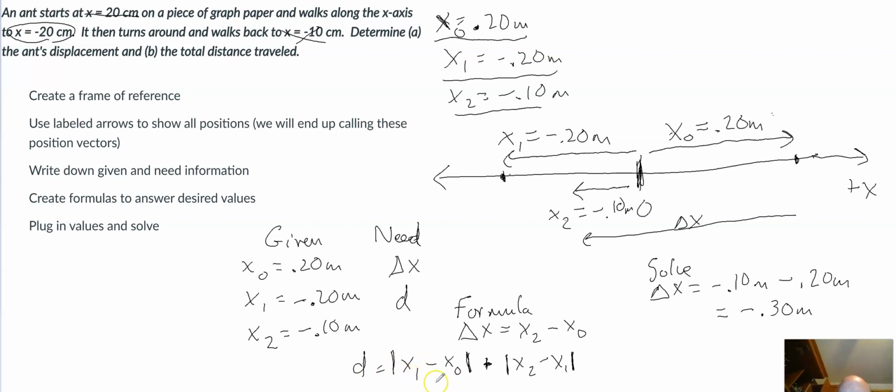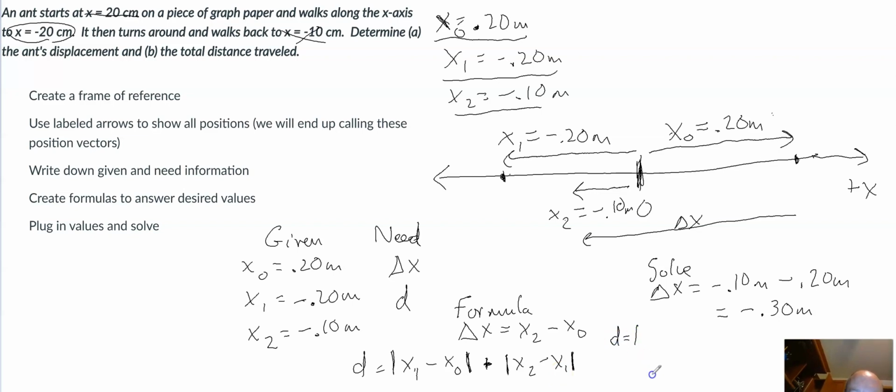So now all I'm doing here is saying I went this many units in the first motion and I went this many units in the second motion. I'm adding these two together. And the number of units that I went is going to be the final position minus the initial position, the final position minus the initial position. So now I'm going to come over here and write this out.